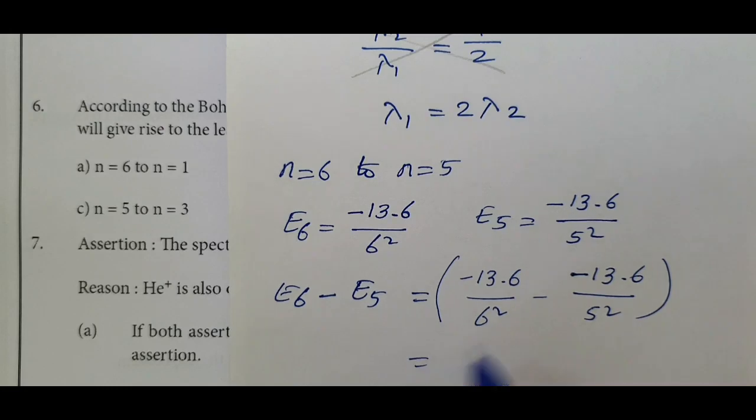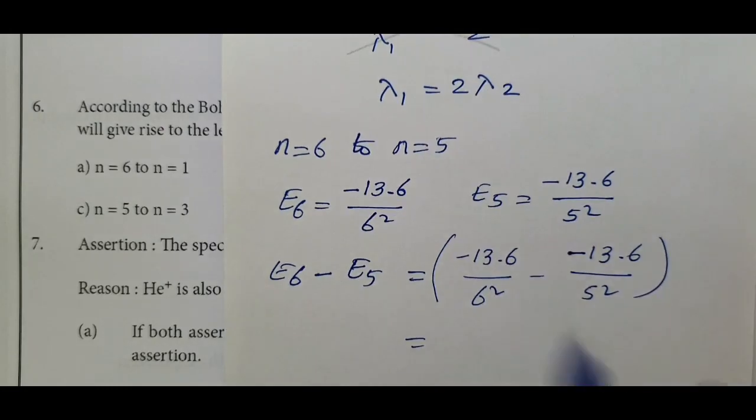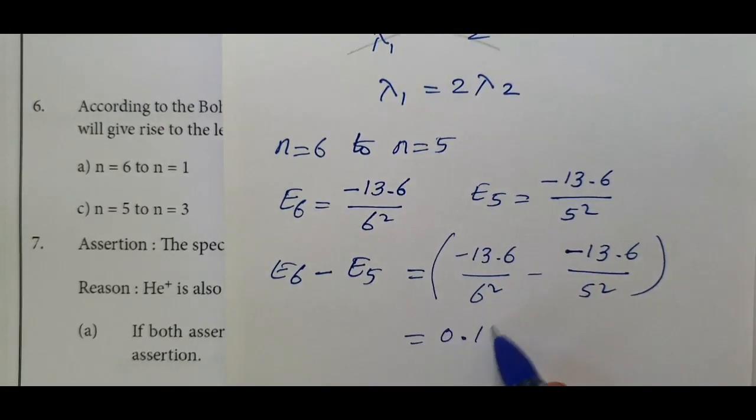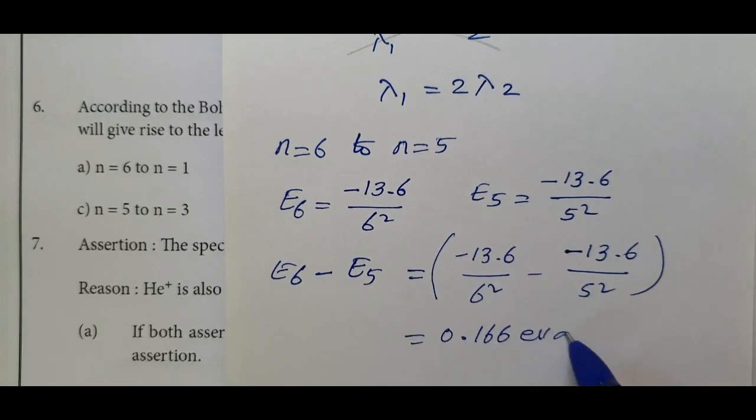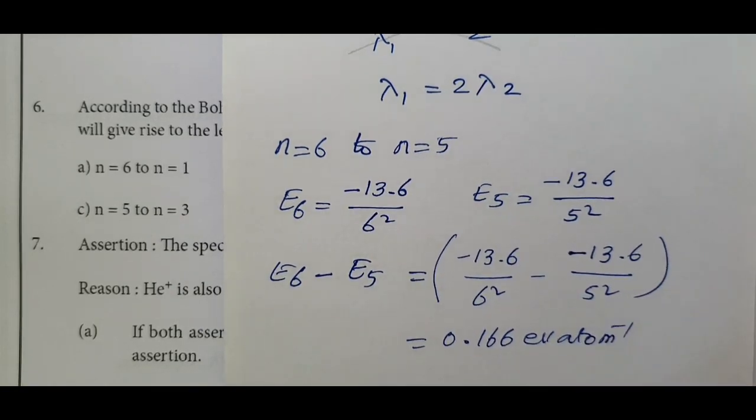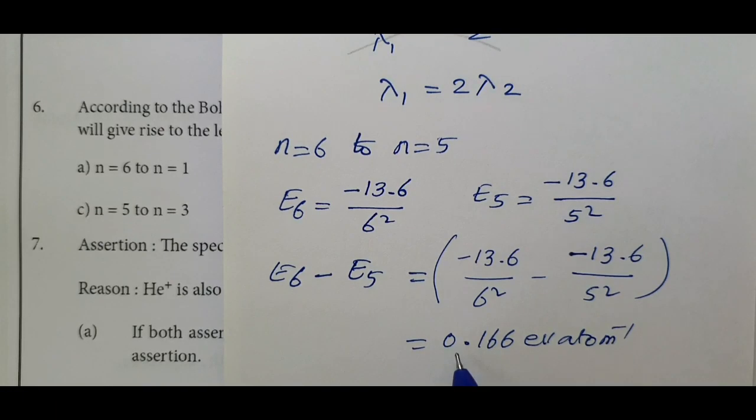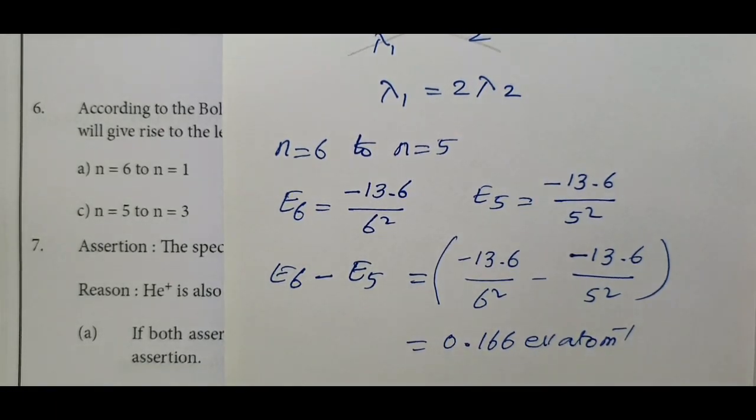When you solve this, you will get 0.166 electron volt atom power minus 1. See this value, 0.166 electron volt atom power minus 1.